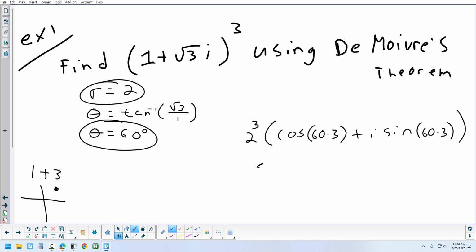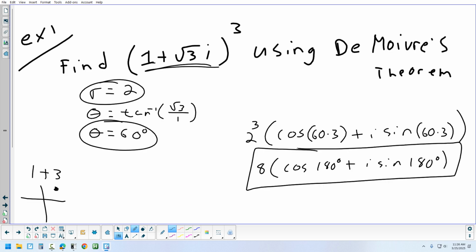Okay, so that's going to give me 8 cosine 180 plus i sine 180. That's all the work to get it to the third power. And most of the work to cube it wasn't even cubing it. It was actually just rewriting the original problem in trig form first. Once we did that, cubing it was extremely easy. Okay, so that is trig form.